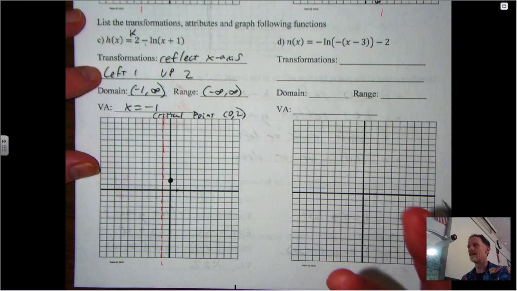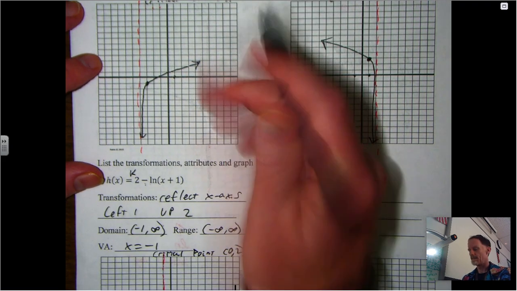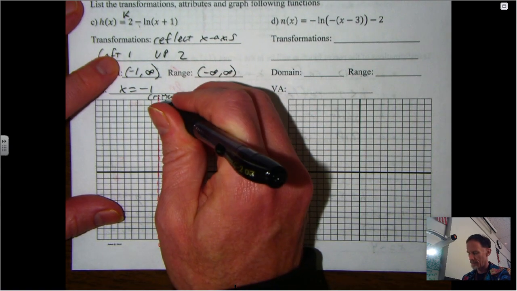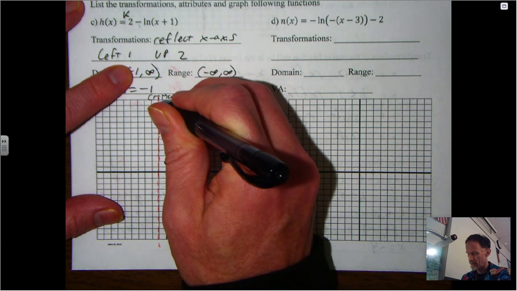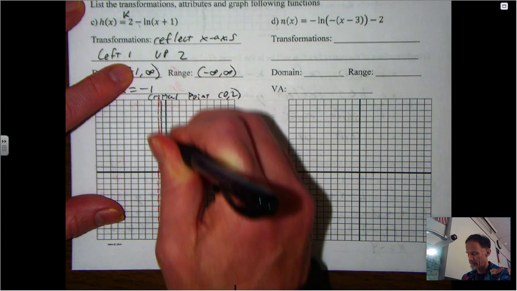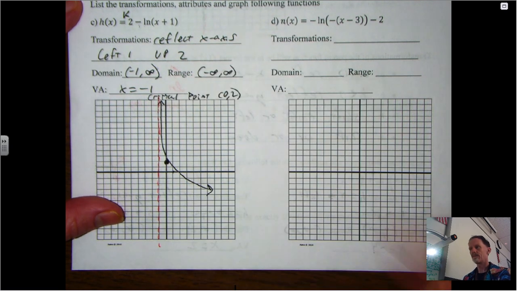And if you think about it being upside down, so let's take a look at this guy. This is kind of like the parent function. If I flip it upside down, now it's going to be swooping down from the asymptote on top and then go off kind of down to the right. So kind of like this. So that's a reflection across the x-axis.